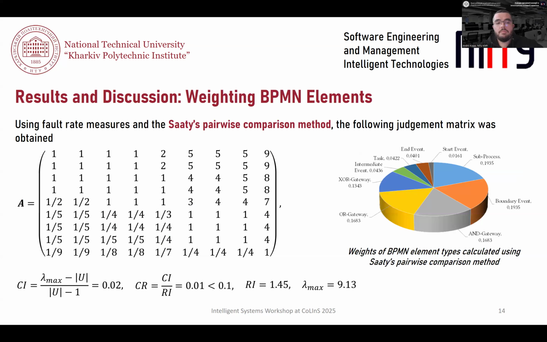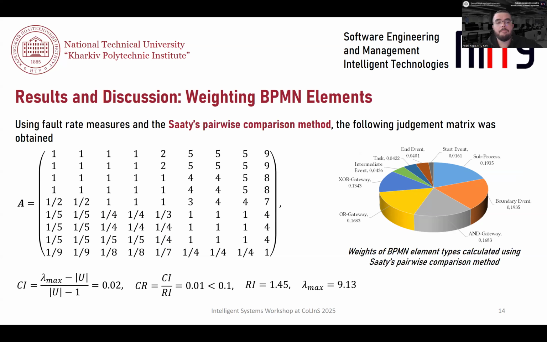Using the fault rate measures, we have built the judgment matrix and applied the SATIS pairwise comparison method to obtain the weights of BPMN element types calculated using the well-known SATIS computational procedure.